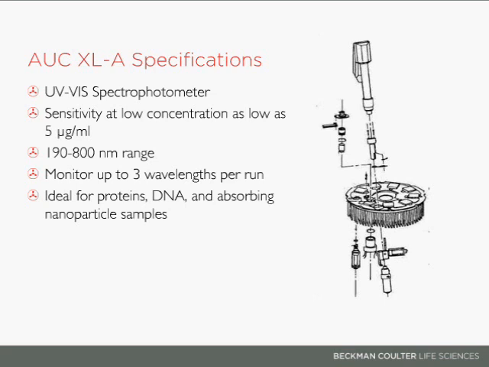Now the other optical method is the interference optics, which is used to study the concentration of the particles. Essentially, a light source passes through the cell. You see the schematic on the right here. The reference sample and the particle sample have different refractive indexes due to the presence of the particles.